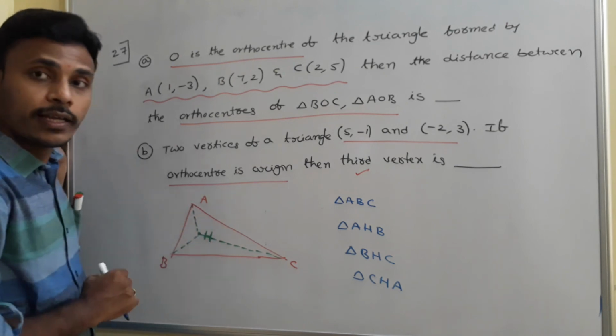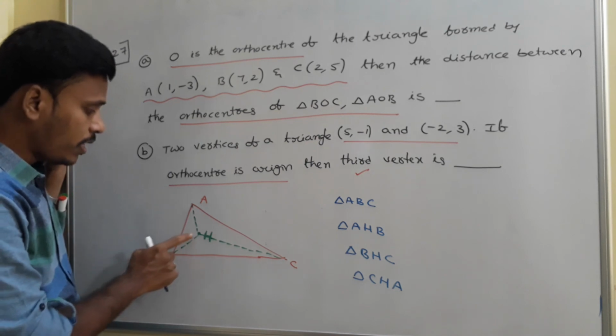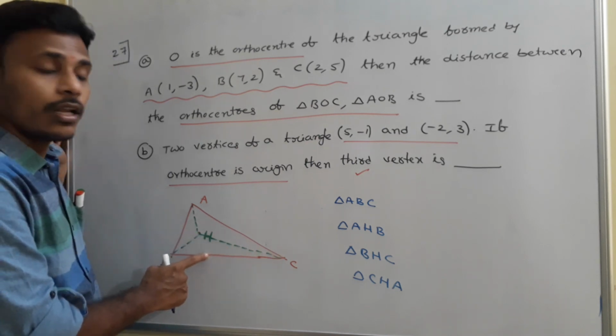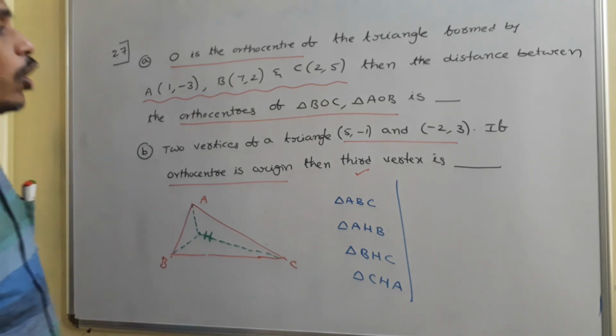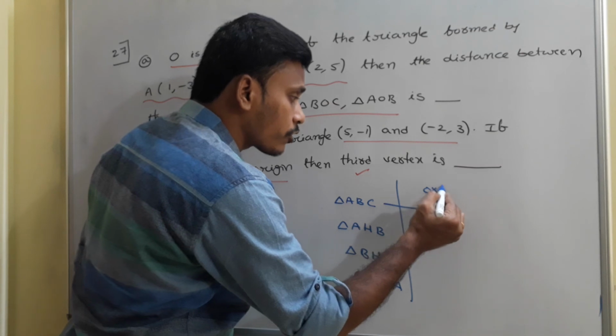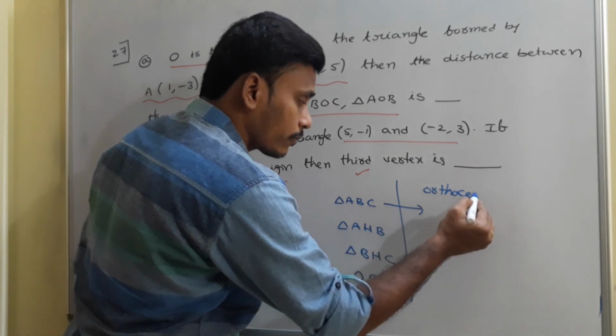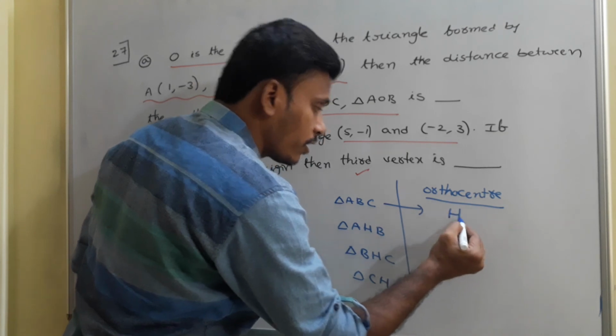So totally there are 4 triangles here. And we know that for the first triangle the orthocenter is H.